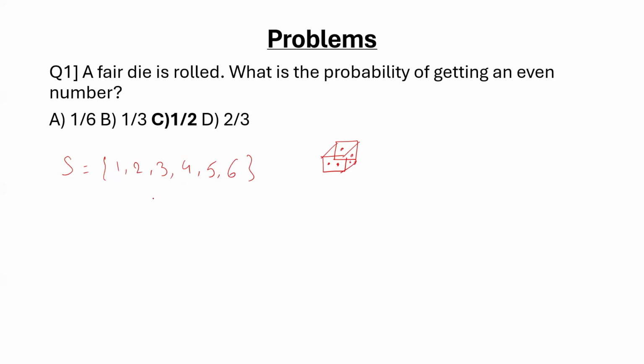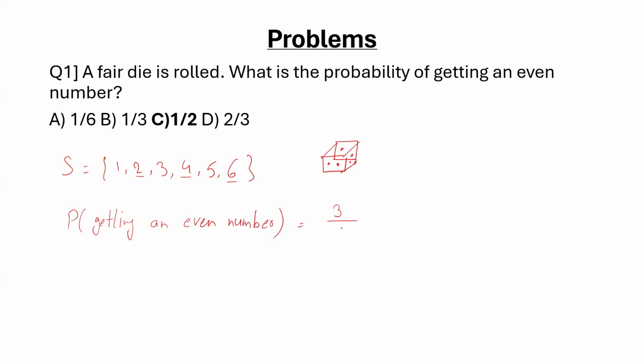So now you are interested in the probability of getting an even number. How many even numbers are there? 2, 4 and 6. So only 3 even numbers are possible.